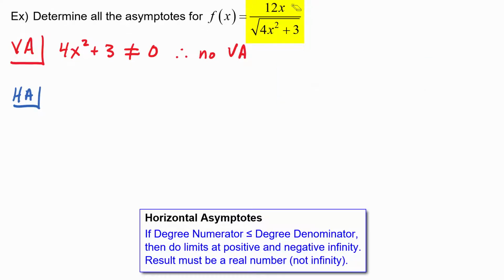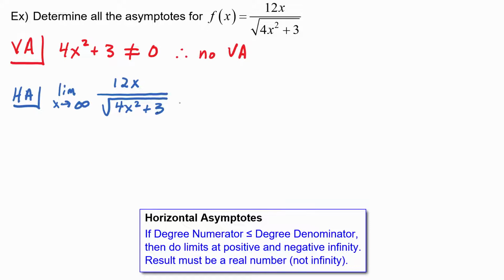So because that condition is satisfied, we look at the limits at both positive infinity and negative infinity. So the limit as x goes to infinity, we have 12x in the numerator, and we have the square root of 4x squared plus 3 in the denominator.